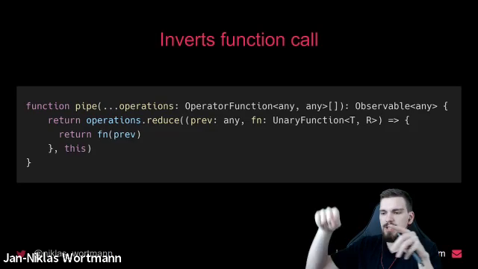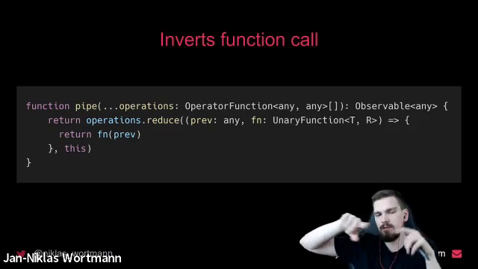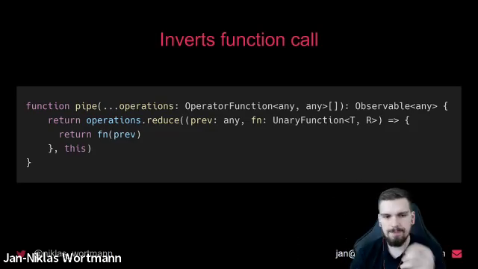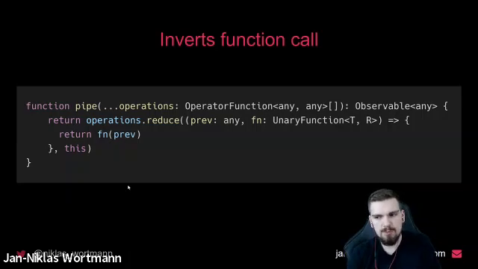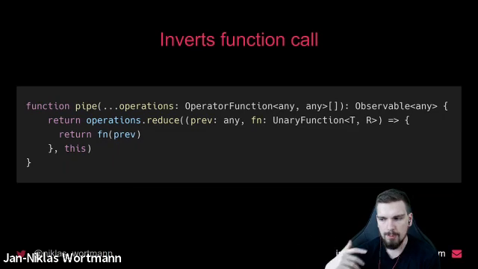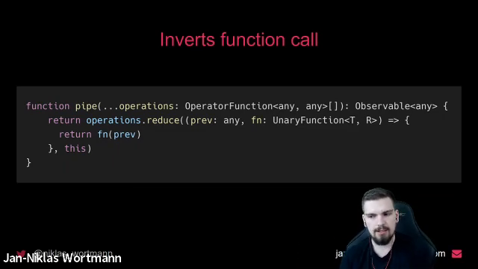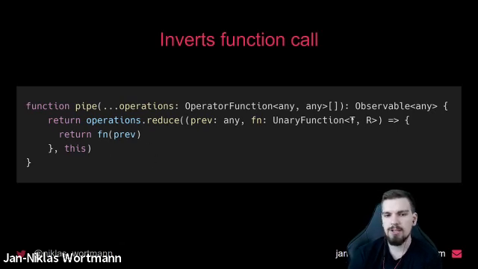Otherwise, you would need to invert the calls, right? So this is pretty much all it does. And there are pipe methods in other frameworks and libraries as well. They are acting very similar. We just have here a special pipe method to ensure the typings that we need for RxJS.